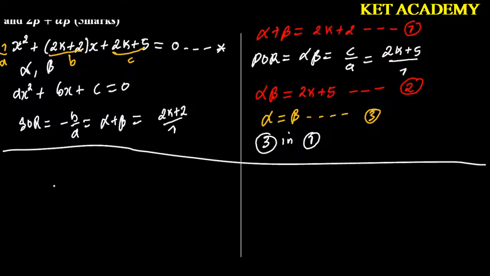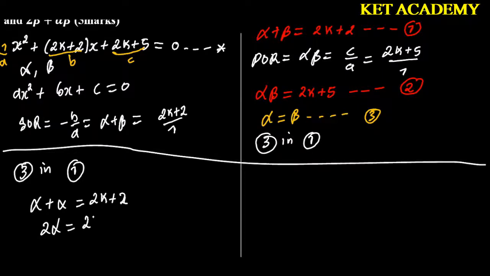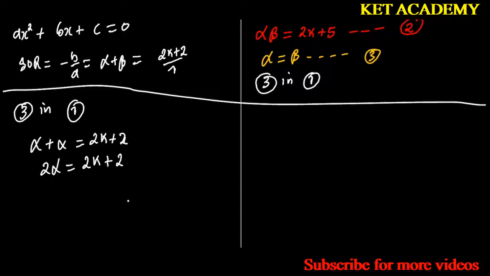Now if I substitute equation 3 in equation 1, I'm going to have alpha plus alpha, since we said alpha is equal to beta, to be 2k plus 2. Now this is 2 alpha equal to 2k plus 2, which means that if we further simplify, our alpha is equal to k plus 1.